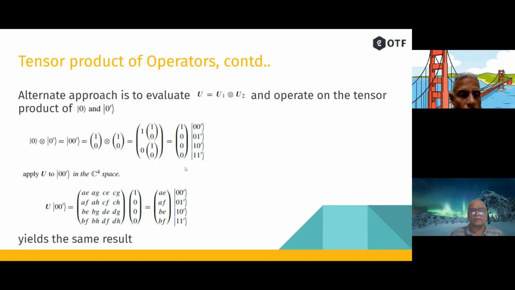You will get this resultant column as 1 0 0 0. And if you apply the same u to the 0 0, once again in the C4 space, this will be nothing but this multiplied by 1 0 0 0, and you will once again land up with the same value. Okay, so there are three different approaches, and all these approaches typically yield a similar result.